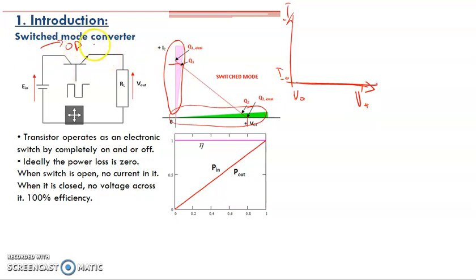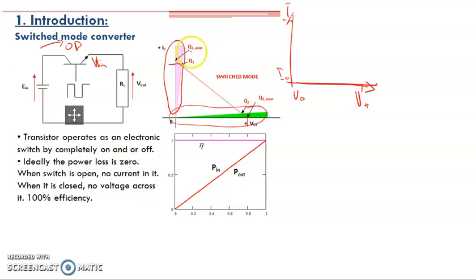During switch on, the current will be at the full current amount drawn by the load. During switch off, the voltage will be fully blocked. So Vin here will be fully blocked by the device. So this is the switch that provides fully on or fully off.